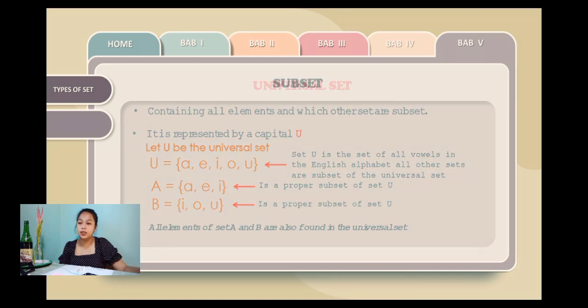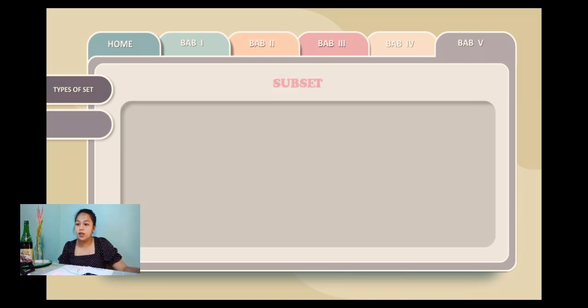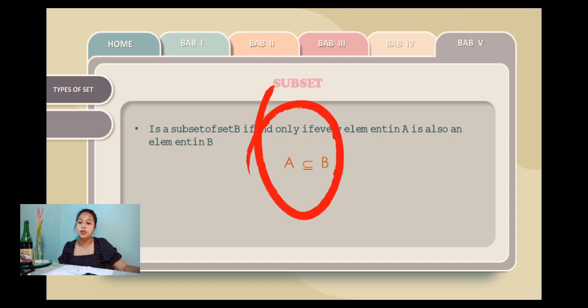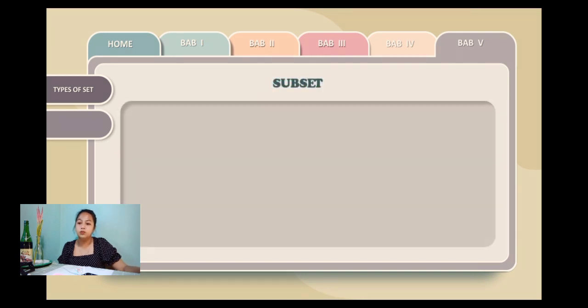Next is the subset. A is a subset of set B if and only if every element in A is also an element in B. So, you are going to write it like this, with the symbol. Set A is equal to {1, 2, 3}.